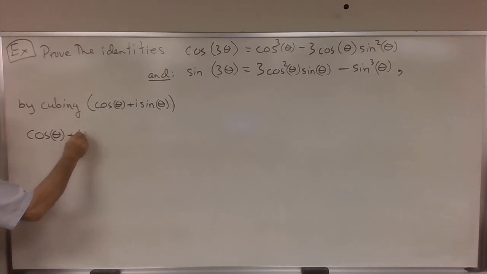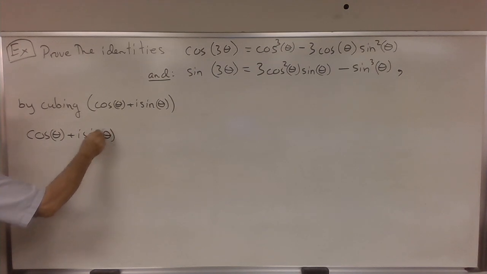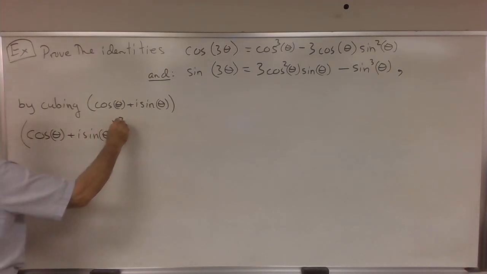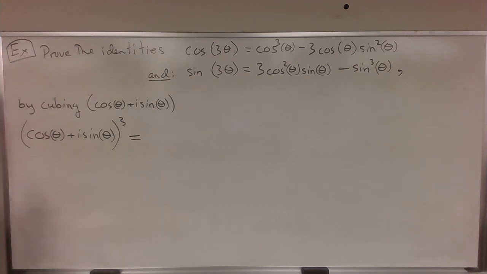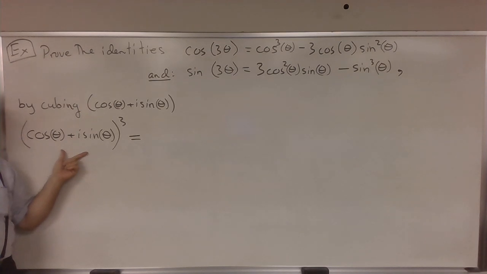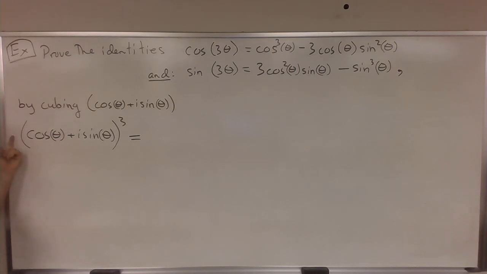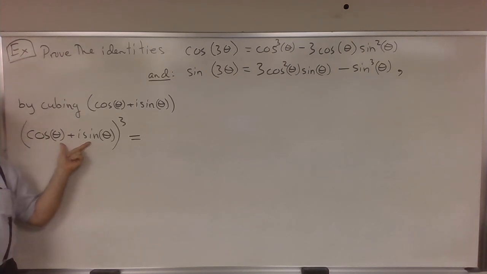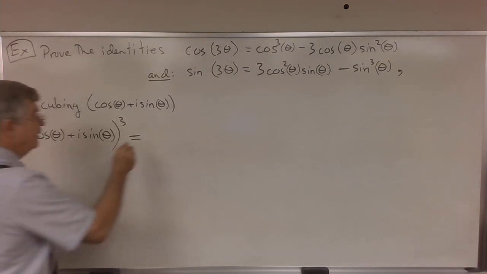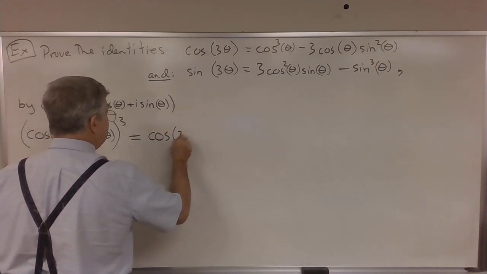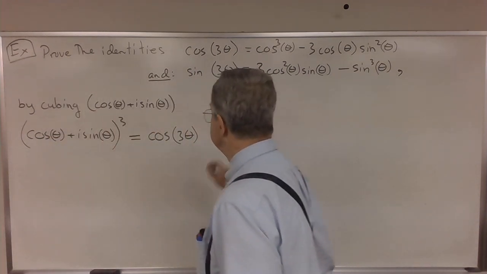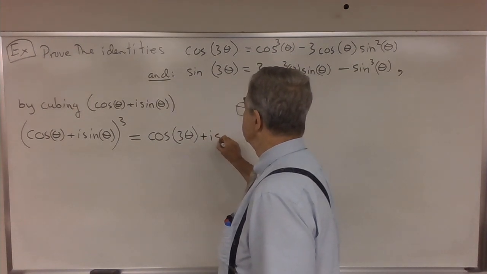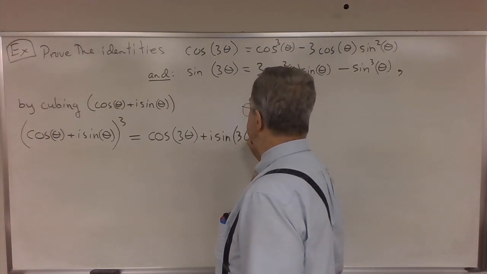Cosine theta plus i sine theta, cubed. And when we cube a complex number in polar form, we cube the modulus. The modulus is just 1. And we multiply the angle by 3. So this is cosine 3 theta plus i sine of 3 theta.